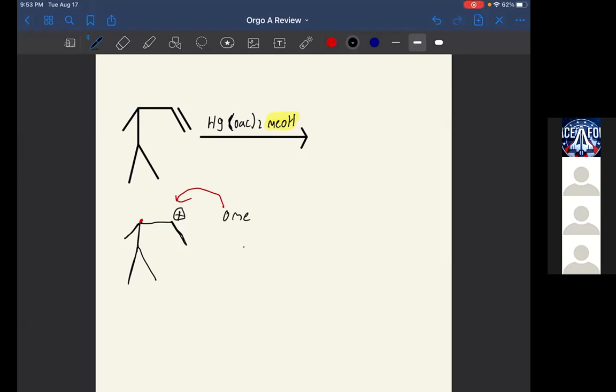So then that would give you your final product right away. So basically it's the same as the other additions, except when you see Hg(OAc)2, it adds whatever's right next to it, and it attacks right where the first carbocation is formed. It doesn't undergo any carbocation rearrangements.